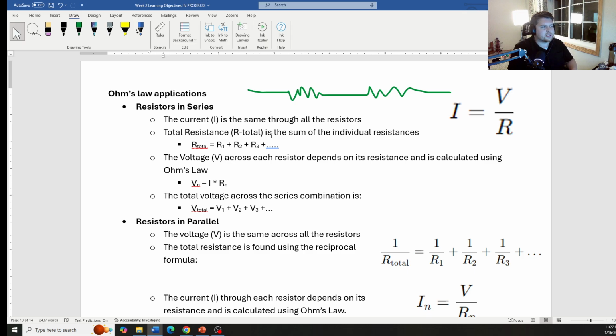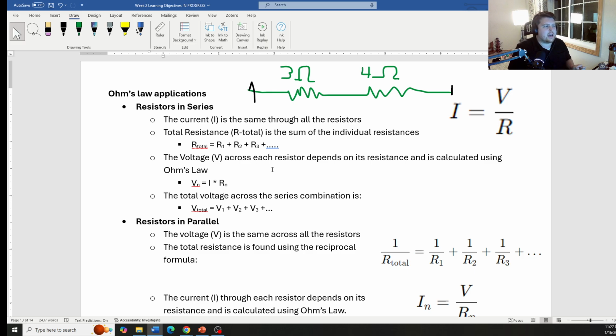The total resistance, how much actual resistance there is from the beginning to the end, we literally just add up the resistances. Let's say this resistance is 3 and this resistance is 4. We'll do 3 plus 4 is 7. So 7 ohms worth of resistance in this specific chunk of the circuit that we are measuring.